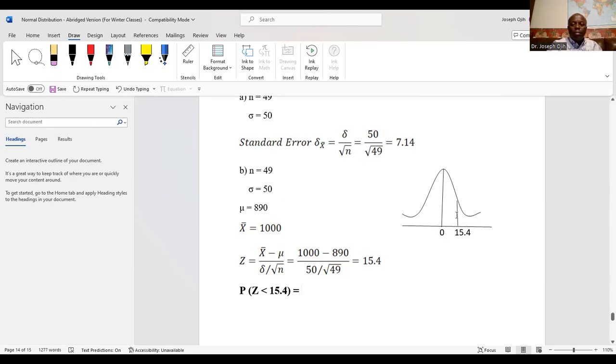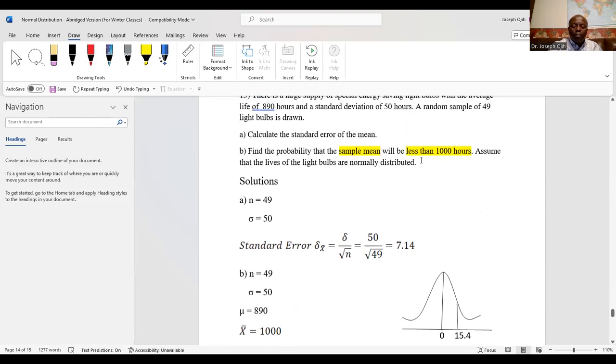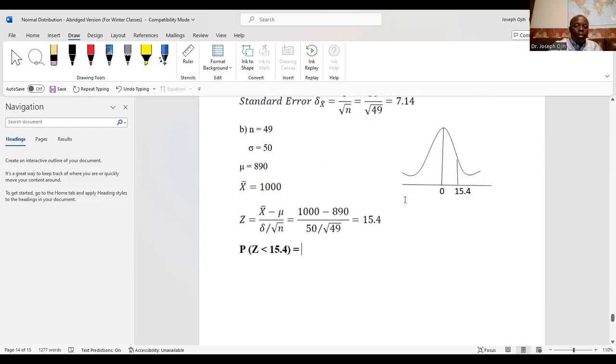Look, this is the line. Back this way is less than, and this way is greater than. This one is less than 15.4, so let's shade the right place.